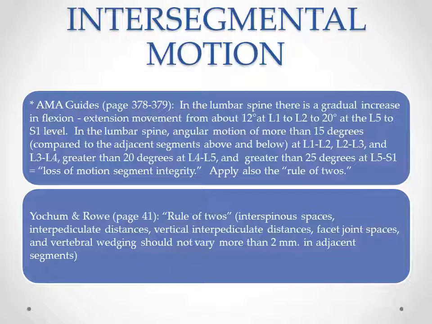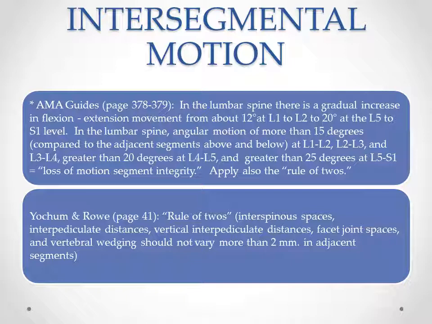Well, there's 5 levels. That would be 60 degrees of total angular motion. Well, our example just produced 56 degrees, so we're close. But the AMA guides say that it increases from 12 degrees to 20 degrees.